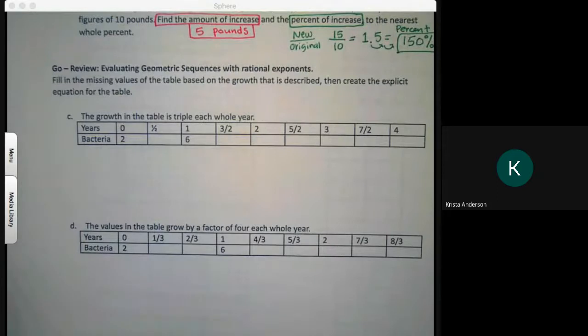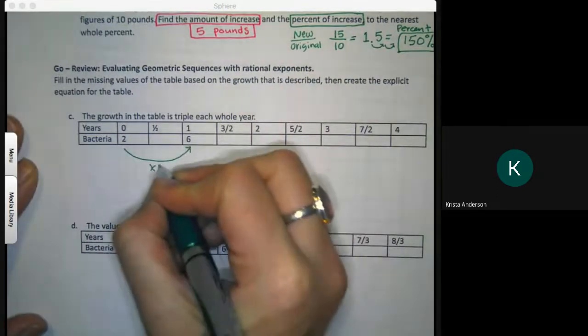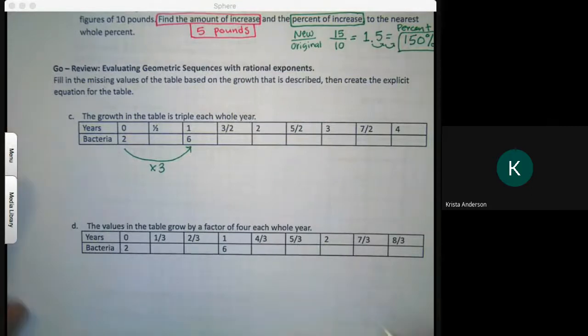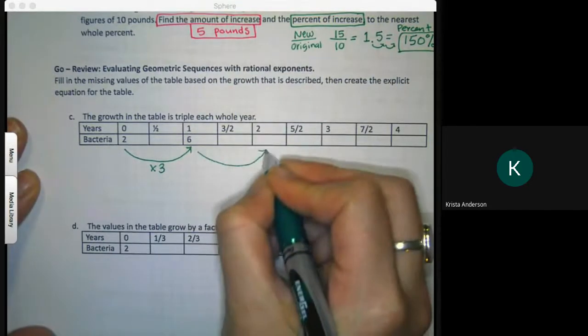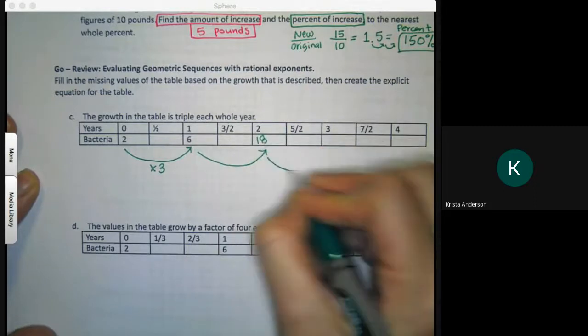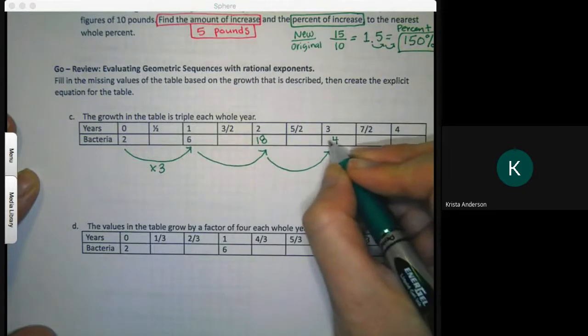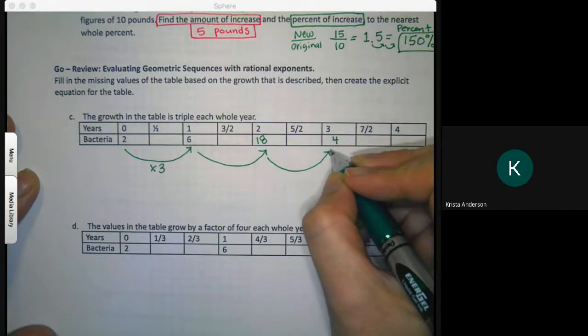When I look, I have 2 to 6. That is timesing by 3. I can fill in the whole numbers pretty easily. 6 times 3 is 18 times by 3. Wait. Yeah, 3 times 8 is 24, 54.